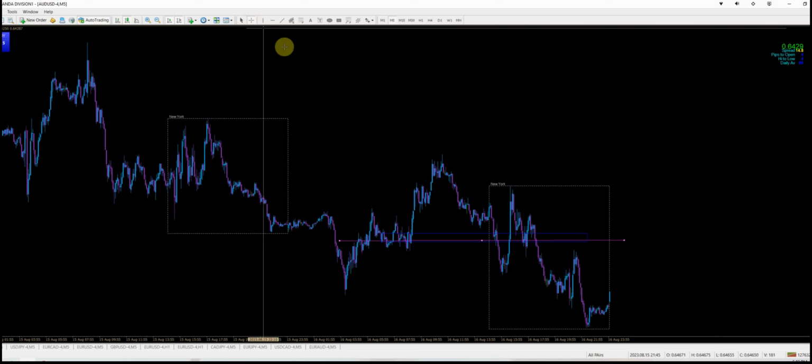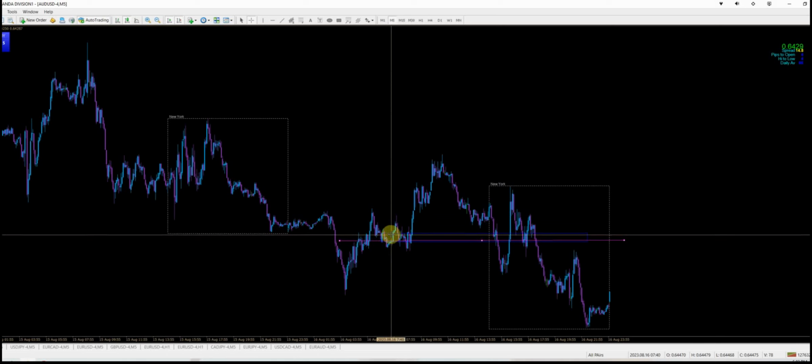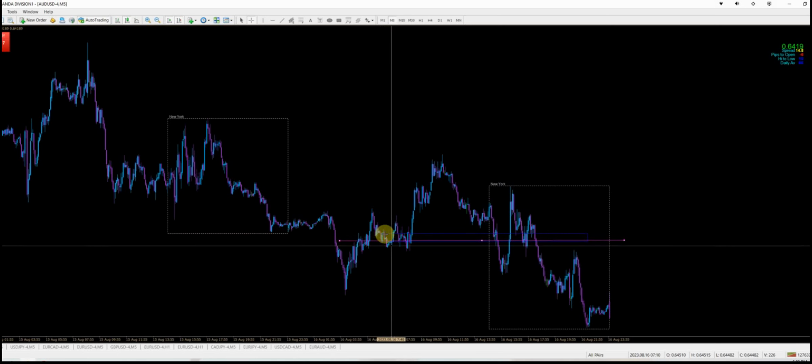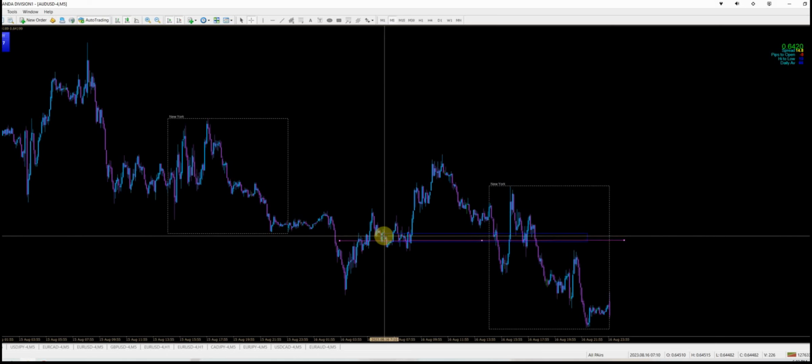Now for my broker, that's 7 o'clock on my platform, because my trading day resets at 5 o'clock over to 00. So obviously midnight is 7 hours after that, so that would be 7 o'clock on my broker platform, which is this red candle right here, right where my crosshair is.